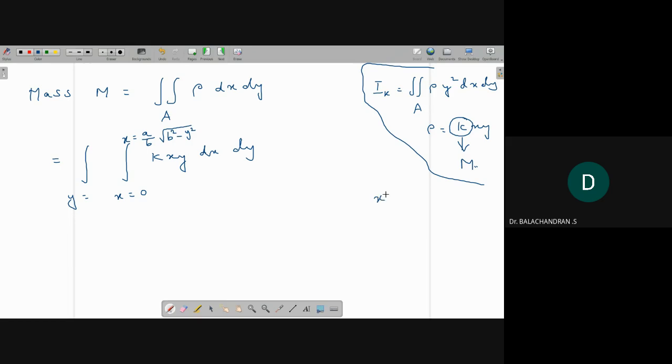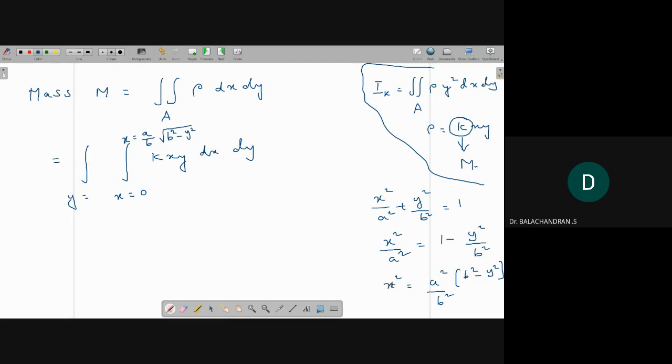Because x square by a square plus y square by b square equal to 1. We need x square by a square equal to 1 minus y square by b square. So from this, x square equals a square into b square minus y square divided by b square.